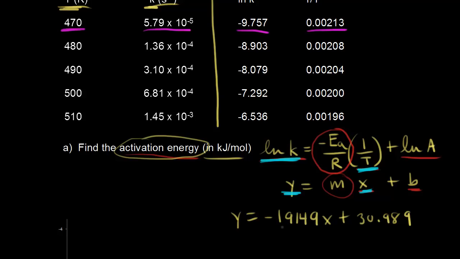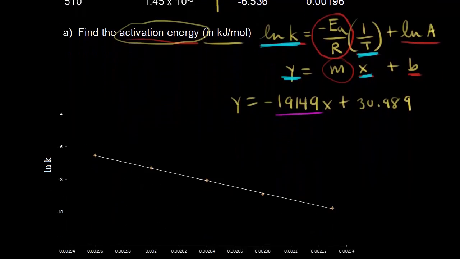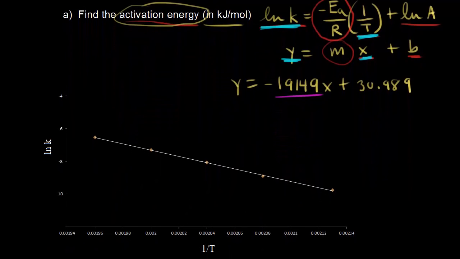So the slope is negative 19,149. And those 5 data points, I've actually graphed them down here. You can see that I have the natural log of the rate constant k on the y-axis, and I have 1 over the temperature here on the x-axis, and here are those 5 data points that we just inputted into the calculator.